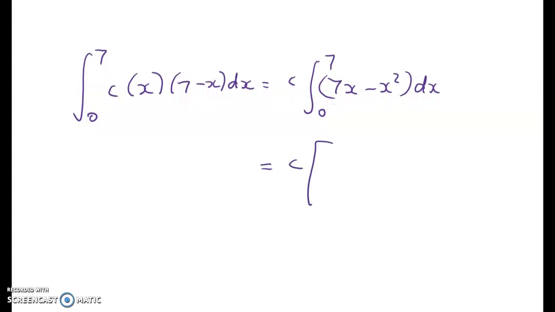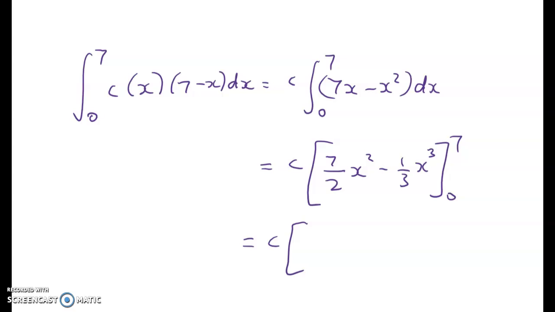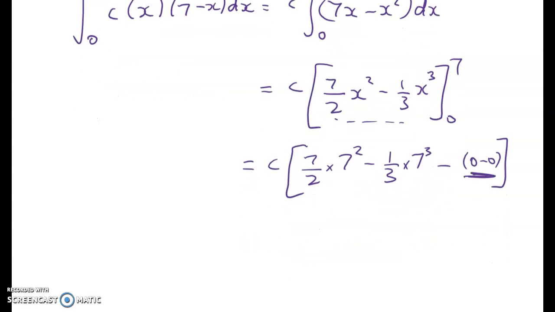This anti-differentiates to give me 7 over 2 x squared minus 1/3 x cubed. Now I have to evaluate that at those limits. That gives me C times 7 over 2 times 7 squared minus 1/3 times 7 cubed, minus 0 minus 0. Always be careful of that bottom limit.